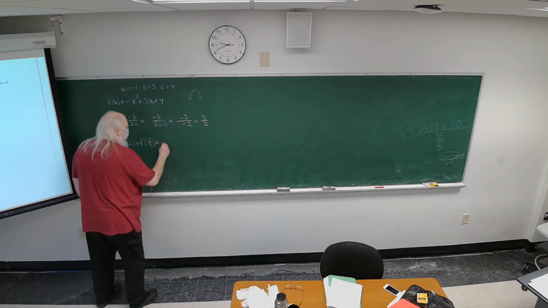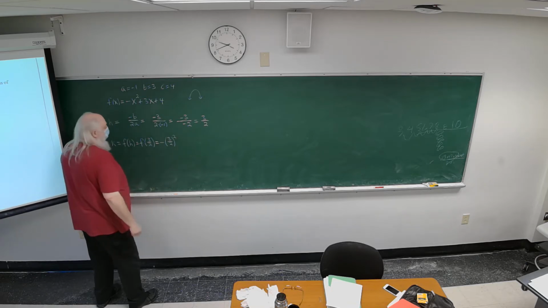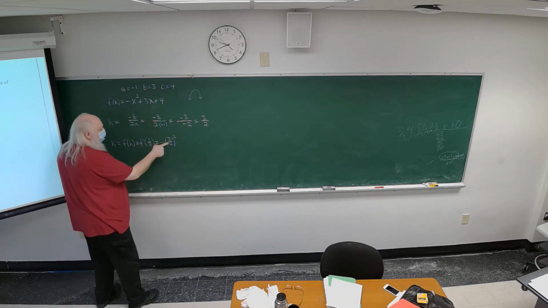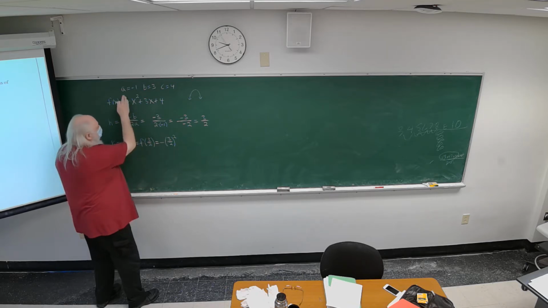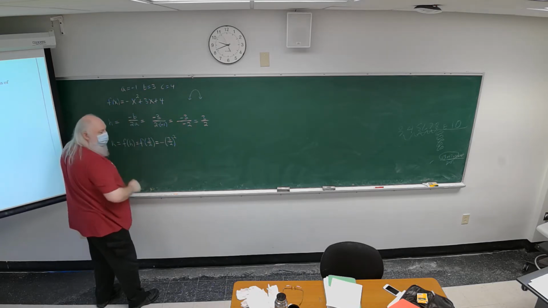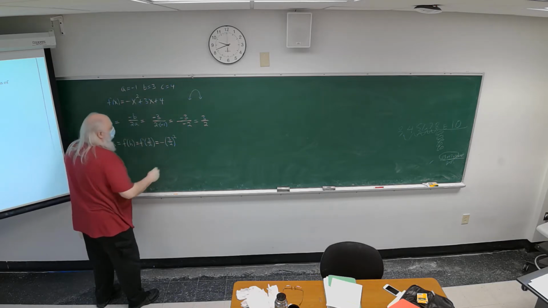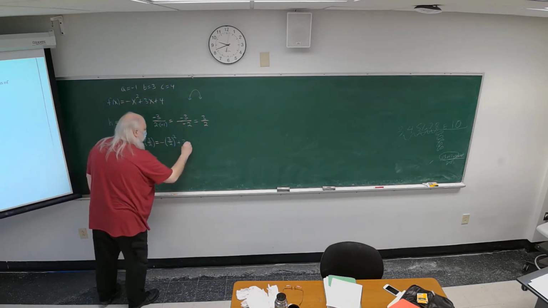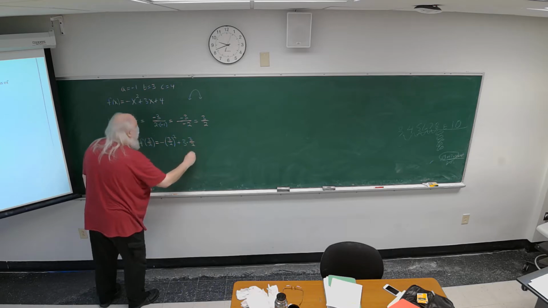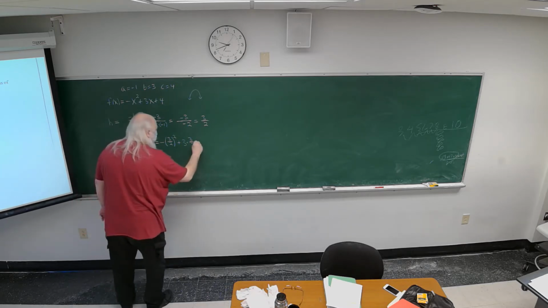We have minus 3/2 squared. Remember, the minus sign doesn't go inside the parentheses, right? You square 3/2 and then take the negative of it. And then plus 3 times 3/2 and plus 4.